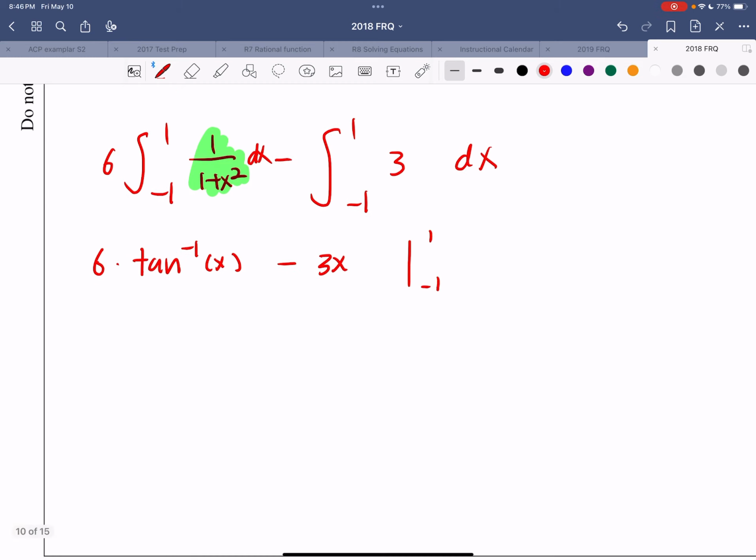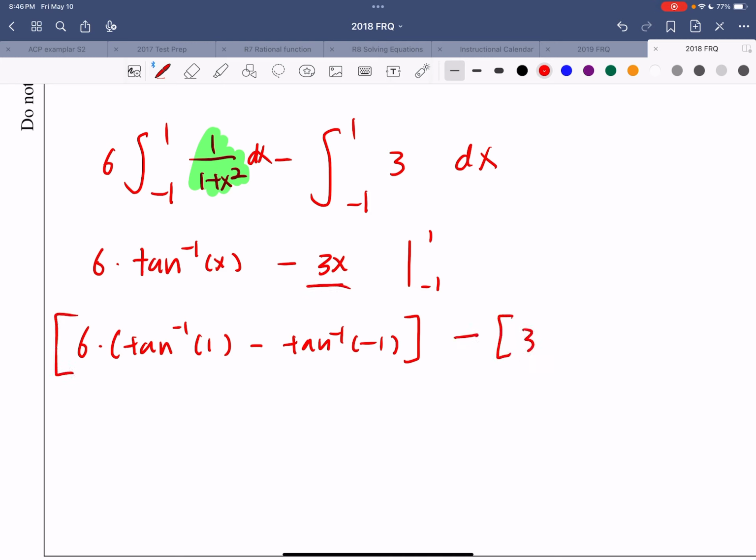So let's do this. What's the 6 times tangent inverse of 1 minus tangent inverse of -1? Do you see that? This whole thing minus this portion, 3, 1. But I swear this is gonna be like 6. Okay, I got this one.